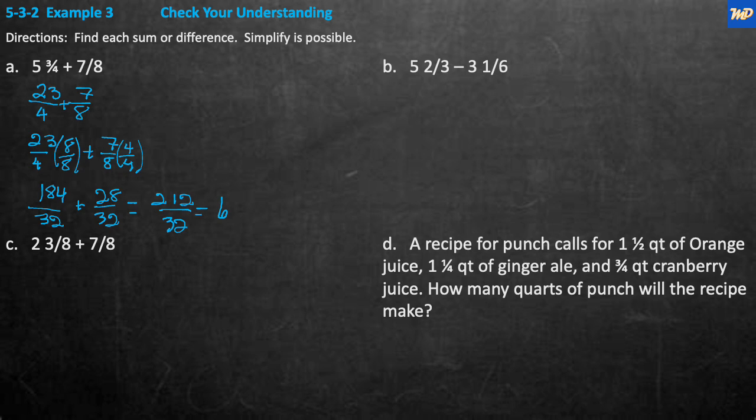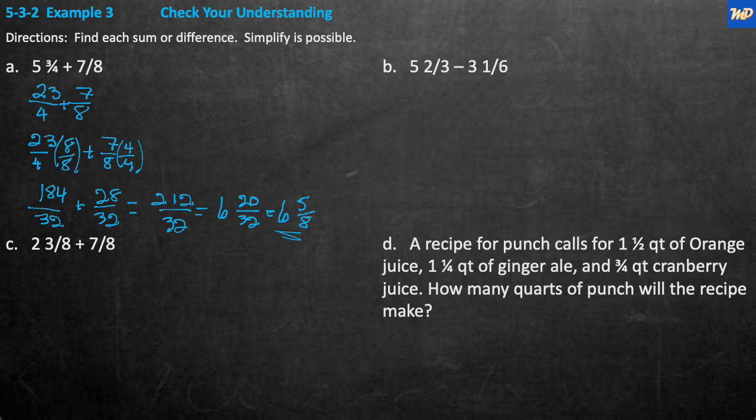And 212 minus 192 is 20 over 32. 20 can be divided by 4, and 32 can too, so we get 5/8. 6 and 5/8.